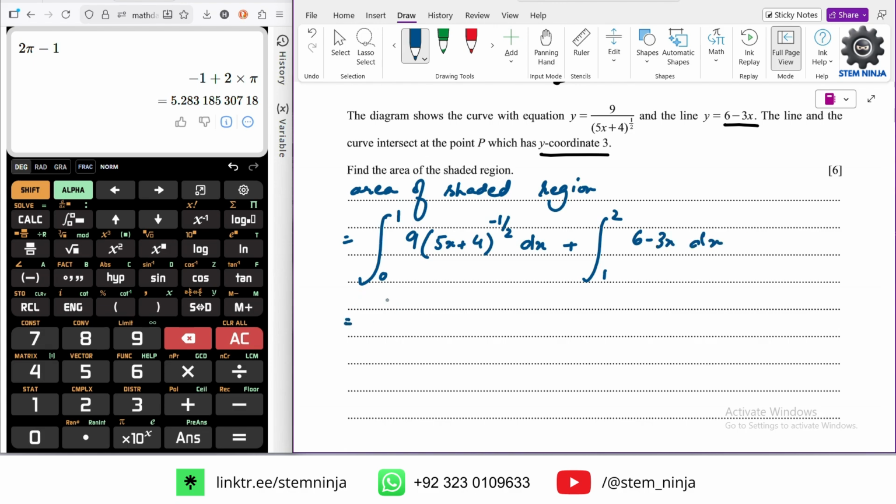Okay, so when we integrate this, you get 9 times (5x plus 4), the power becomes 1 over 2, divided by 1 over 2, times by 5, the derivative of 5x plus 4, from 0 to 1, plus 6x minus 3x squared over 2, from 1 to 2.